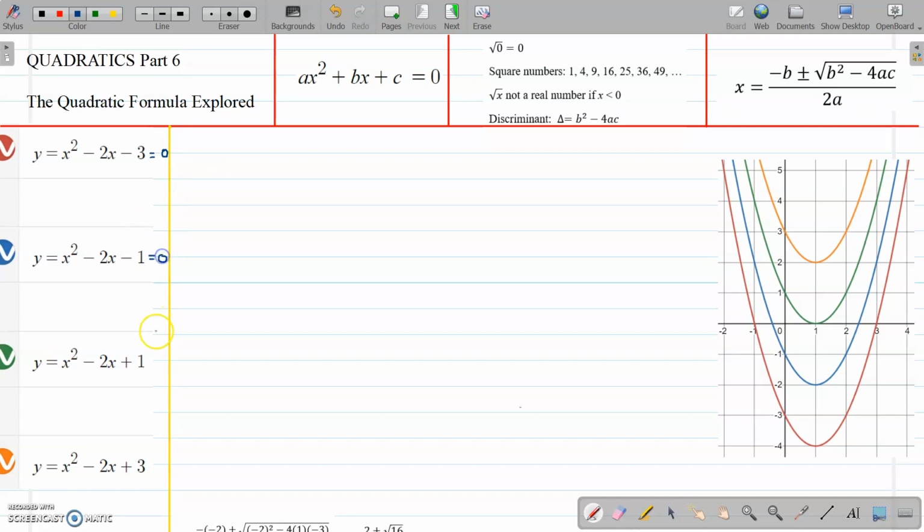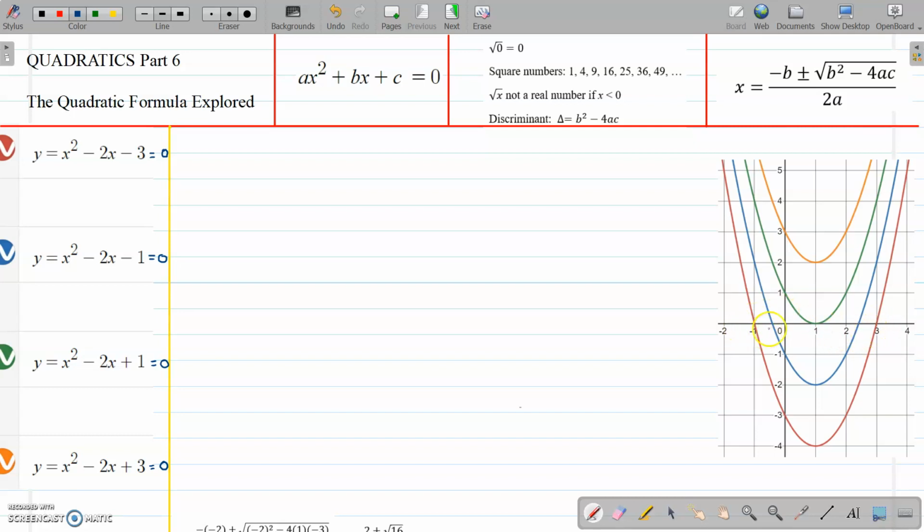If you look at the 4 graphs on the right, they each have different properties when it comes to crossing the x-axis. The first one clearly crosses the x-axis in 2 places, and they appear to be at -1 and 3 exactly, which is where they are.